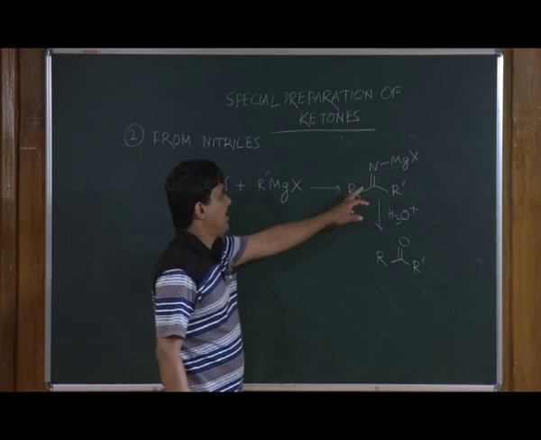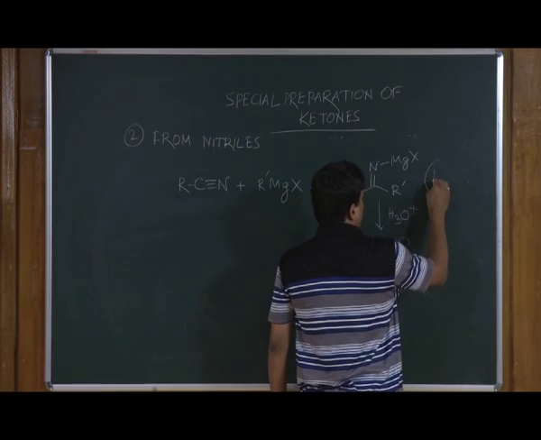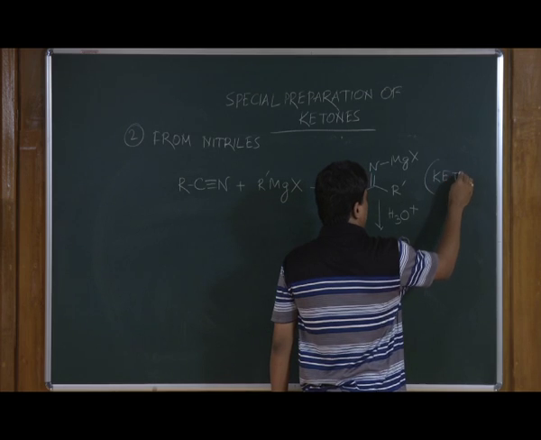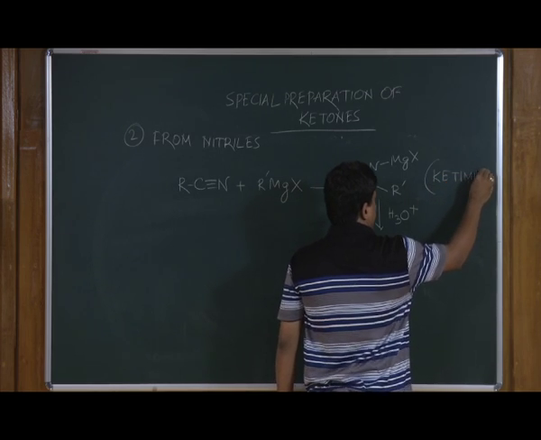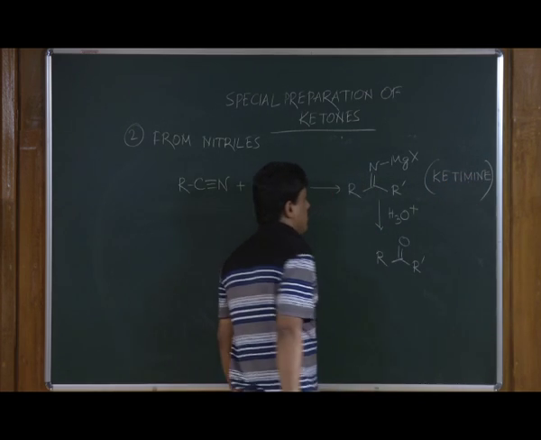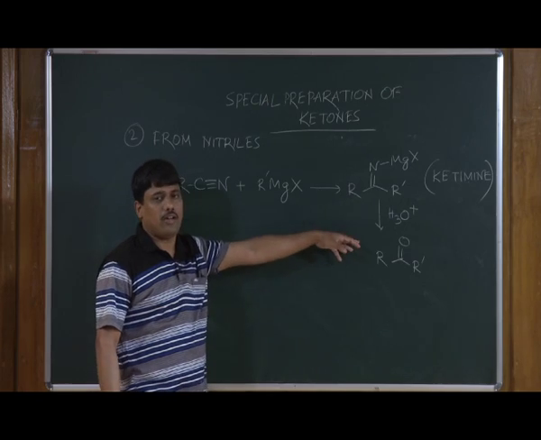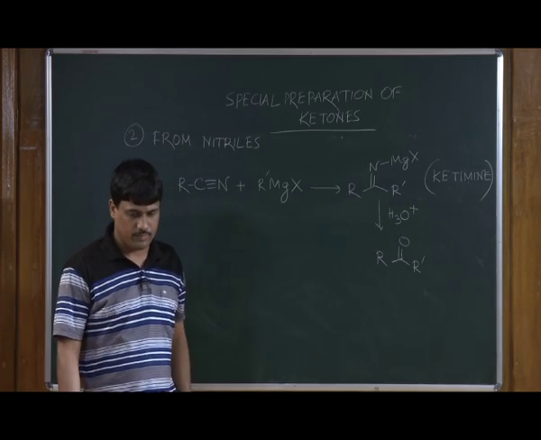And this is here a ketimine. Earlier aldimine was formed, now it is ketimine. So, ketimine is formed, and ketimine on hydrolysis gives ketones.